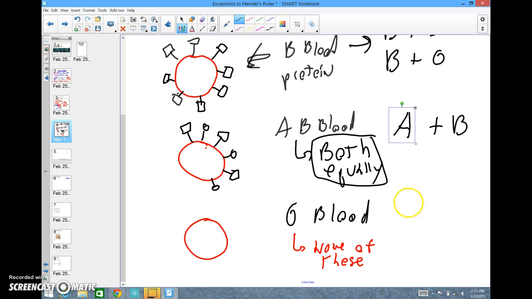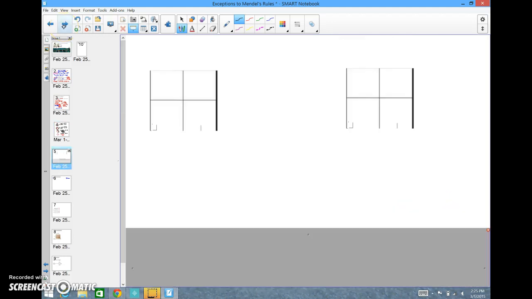And the only way to have that is to have one copy of the O allele and one copy of the O allele. So this creates a very specific Punnett square. We do this to represent A blood, this to represent B blood, and that to represent O blood.